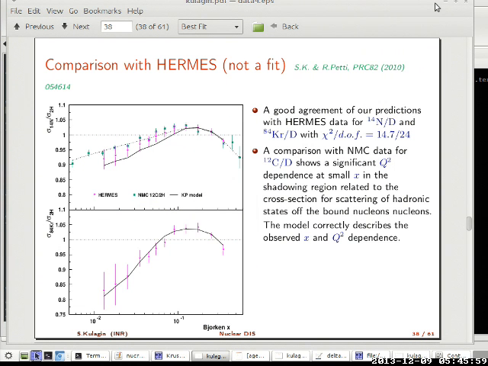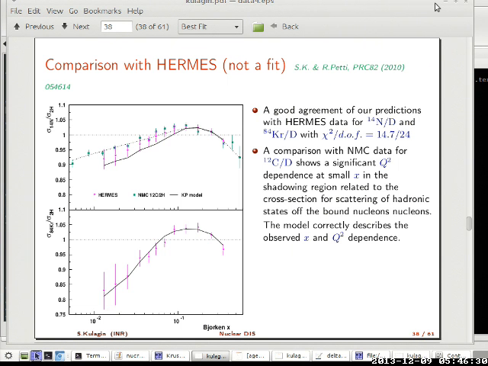Here is the comparison with HERMES data focused at low x, also in comparison with the NMC ratio. These pink triangles are the ratio for HERMES, which is nitrogen over deuterium, and NMC has a little bit different target, carbon-12 over deuterium.